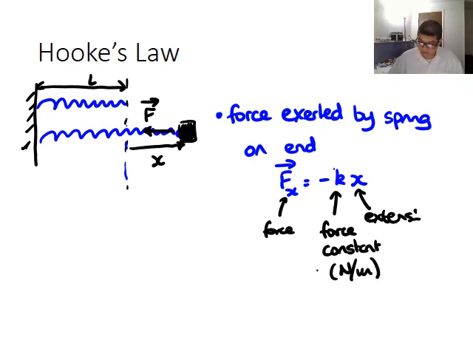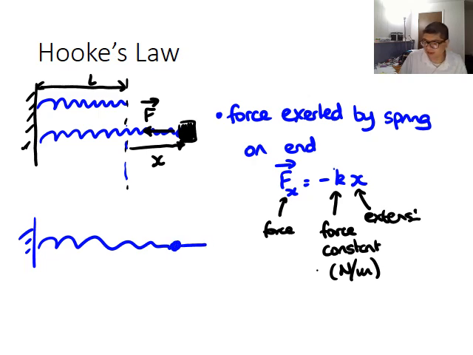Okay? The other way to look at this, of course, is to think of also having the same spring, but to keep it out here, we have to apply a force, right?